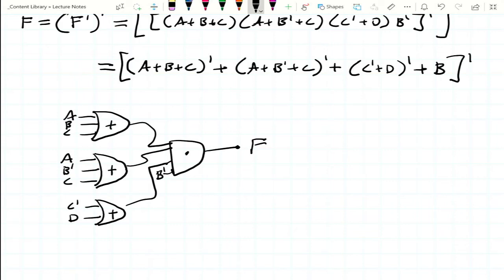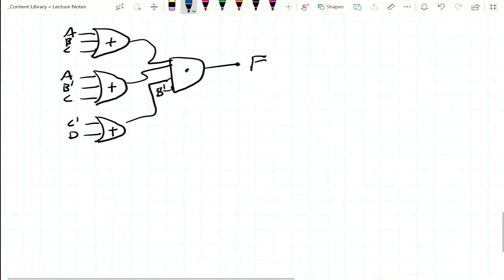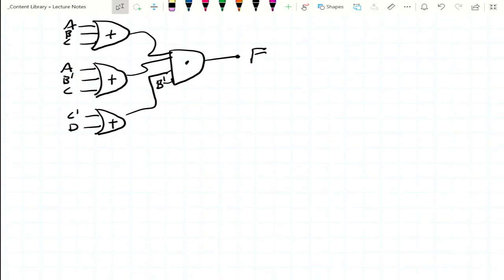To get our new NOR gate circuit, all we do first, remember, is convert all of the gates to NOR gates.